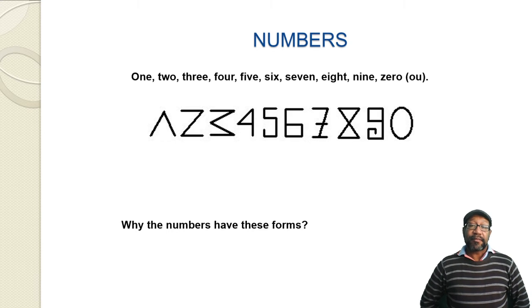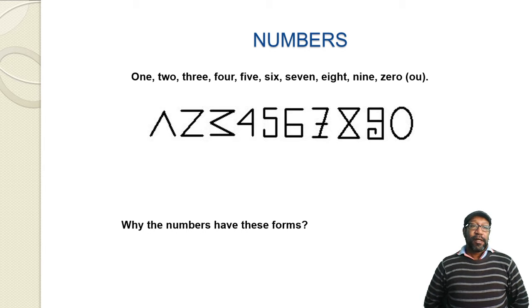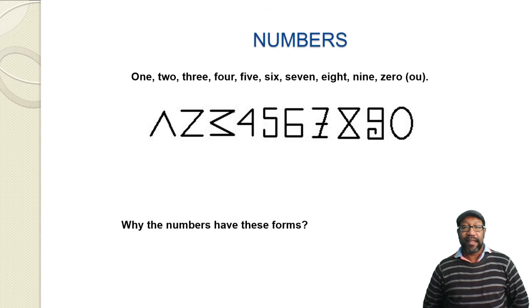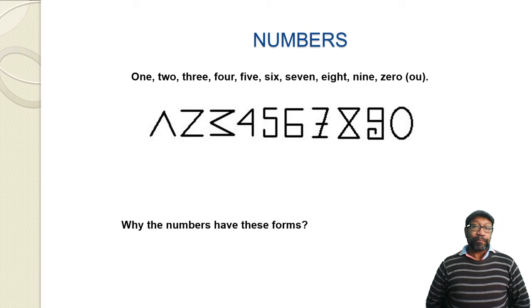Sometimes 0 is pronounced "O," and it's interesting because I guess this is a connection between the form of the zero and the form of the letter O. So when you look at them, they look the same sometimes. And here we have the primitive forms of the numbers that we used.